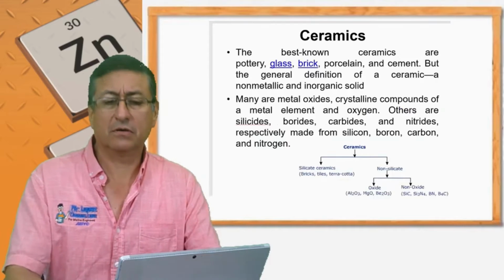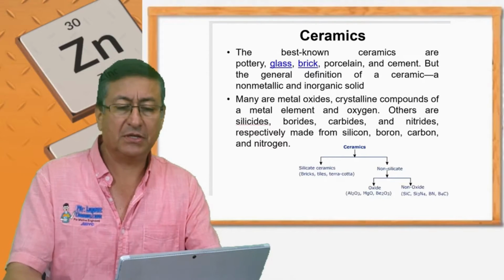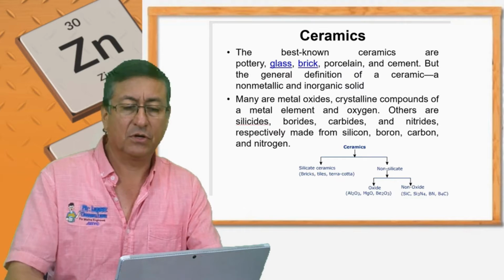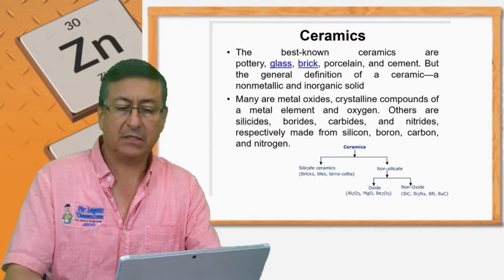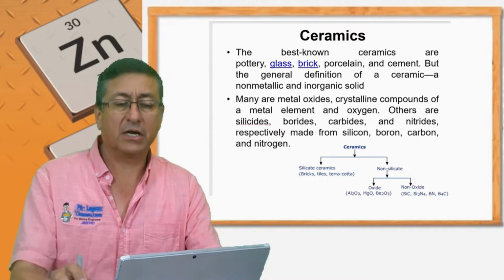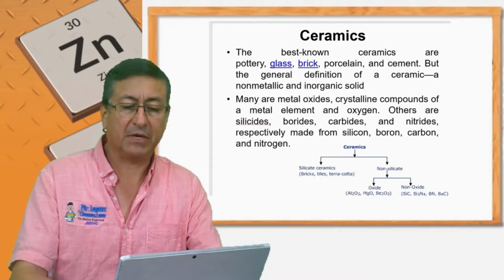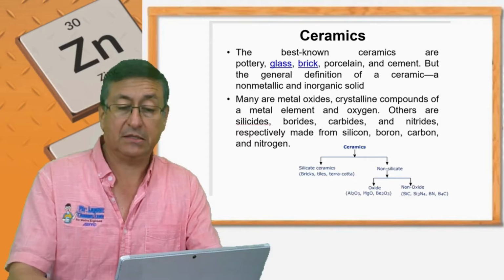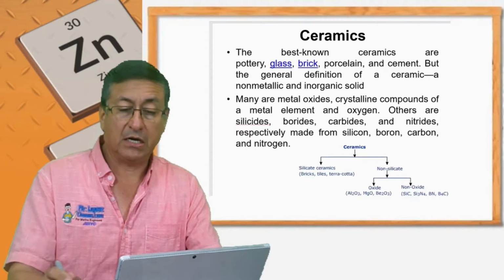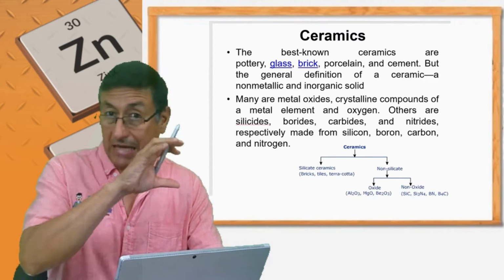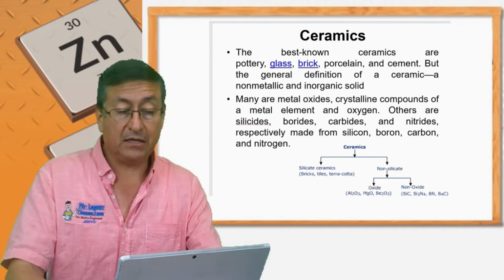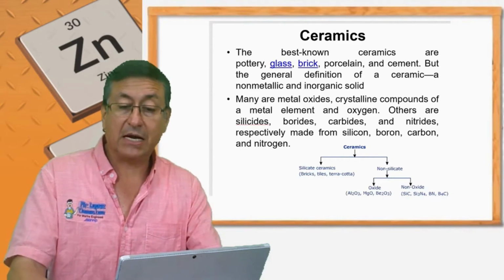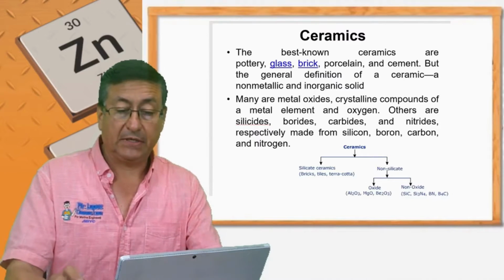The majority of the ceramics are used in the fabrication of glass, brick, porcelain, cement. But there are other uses for ceramics. Many are metal oxides, and those are compounds of metallic elements with oxygen. And other ones are silicides, borides, carbides, and nitrides.